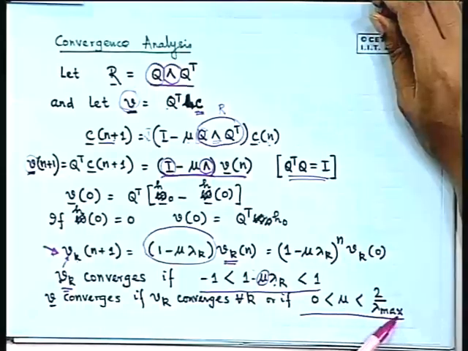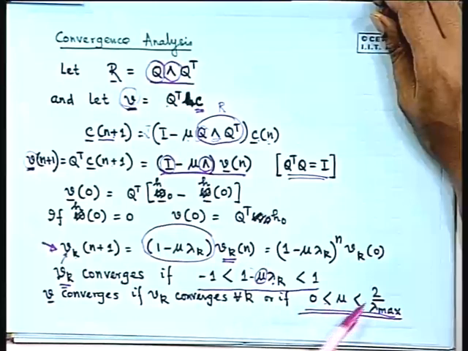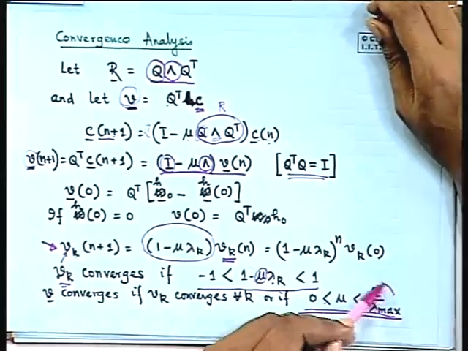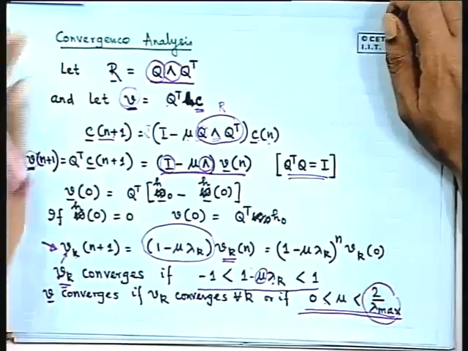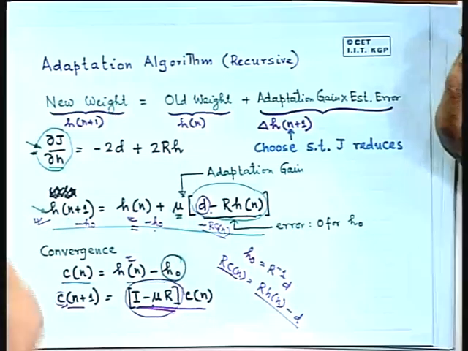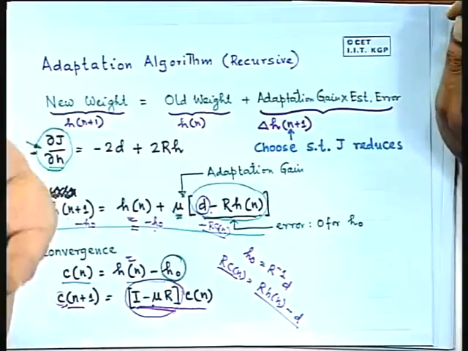If it is satisfied for the maximum eigenvalue, it will obviously be satisfied for all other eigenvalues. So the condition is that mu must lie between 0 and 2 by lambda max. If this condition is satisfied, then this iteration scheme, given enough time, will converge to the optimal weight.